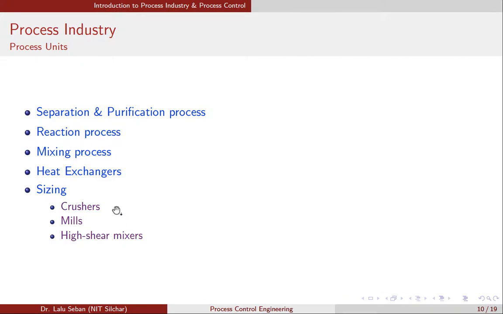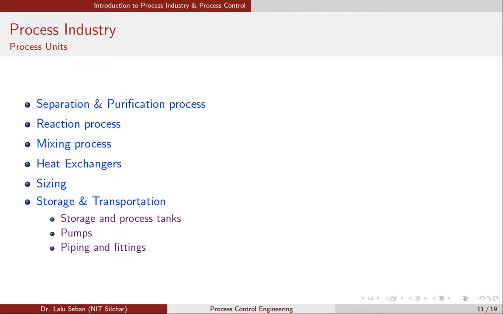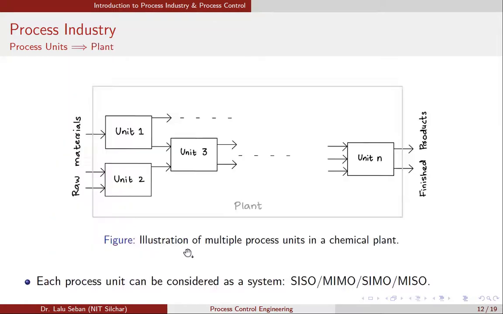For reduction of size, we can use crushers and mills. For increasing the size, mixers and high shear mixers can be used. Storage and transportation have a key role. For storage, we may be using tanks. For transportation, it is aided by pumps, piping, and related fittings.